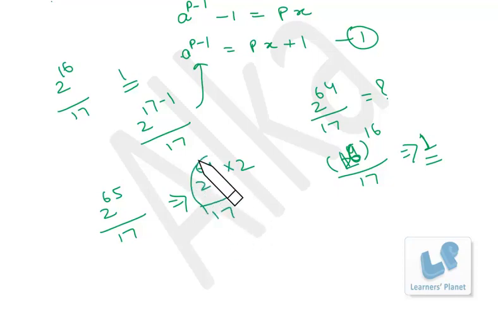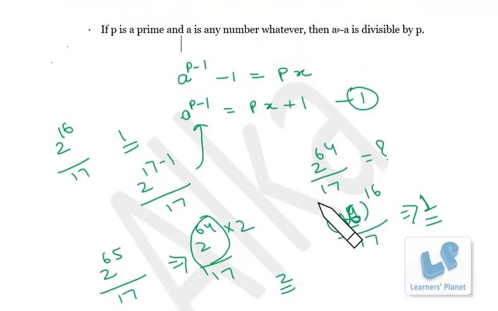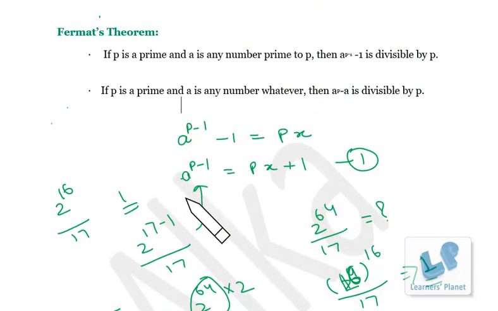So the remainder is 1, and that 1 into this 2, the overall remainder will be 2. So if 2 raised to 65 is divided by 17, the remainder will be 2. I am using Fermat's theorem here. This is just one simple example, though I will be taking difficult ones also; for the explanation of this theorem, I am taking these examples.